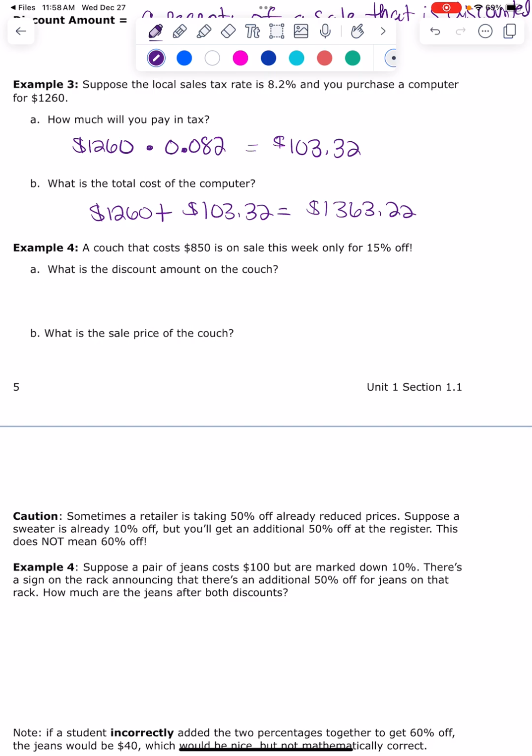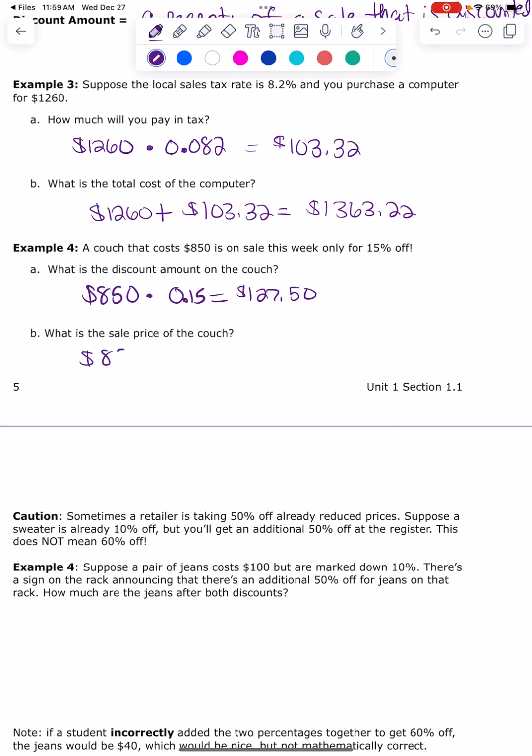A couch costs $850, is on sale this week for 15% off. How much do we pay? All right, so we need to do the same thing, multiply by the percent, so 0.15. And that is $127.50.